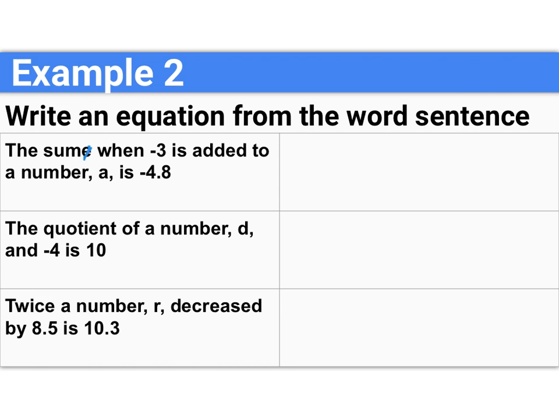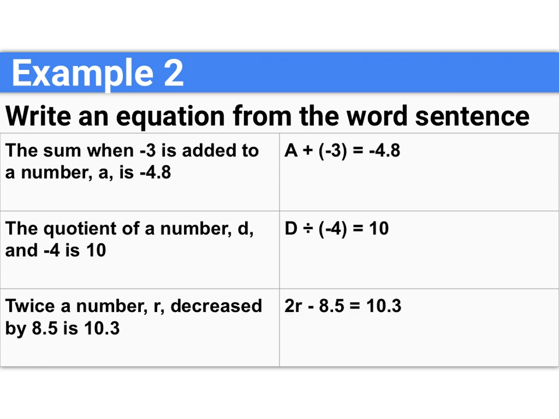And let's look at what our answers are. And these were easy enough, so just a little bit more practice dealing with how to write word sentences into numbers. And this is going to be very important for when we start dealing with functions and looking at stories and how to make an equation, a table of values, and a graph.